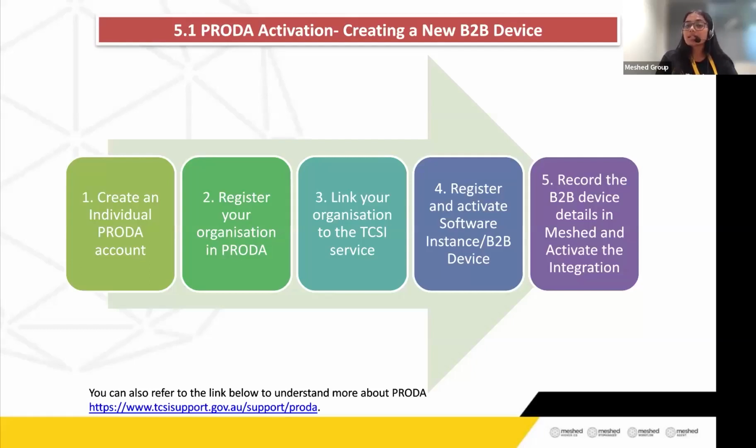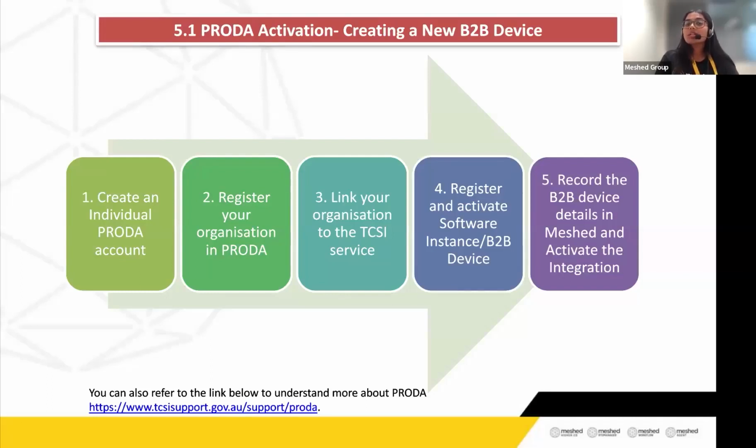Once TCSI is added, you can register and activate a software instance or a B2B device. So this B2B device is used to connect the two systems, mesh and TCSI, together. After you have created this device, you can record the device details in our system, which will allow you to get the TCSI integration running.